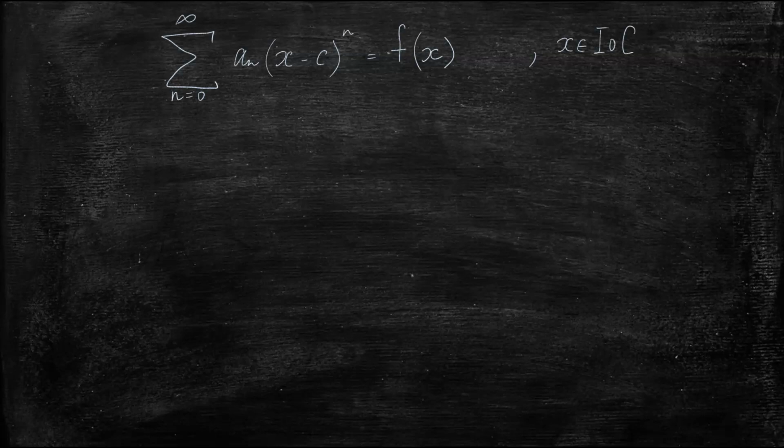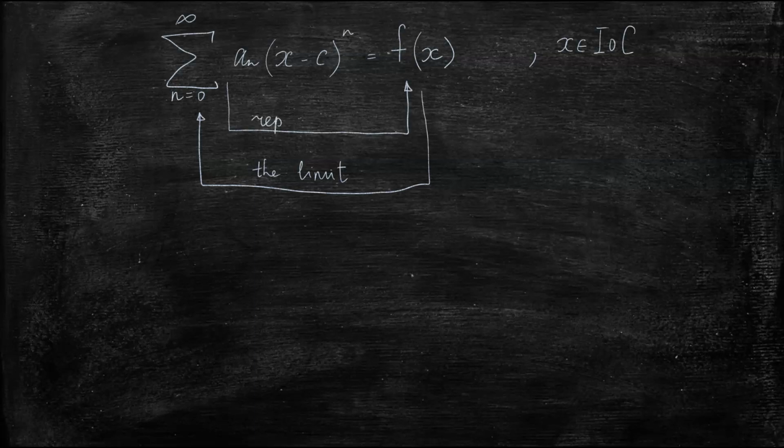We can say this function is the limit of this power series, or on the other hand, we can say that this power series is a representation of that function.